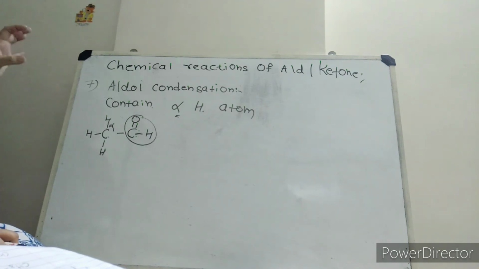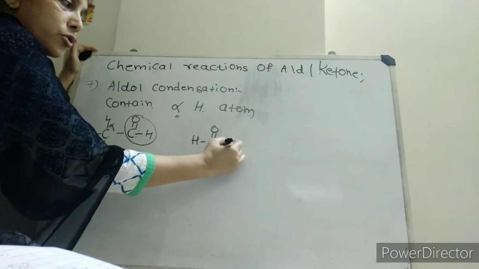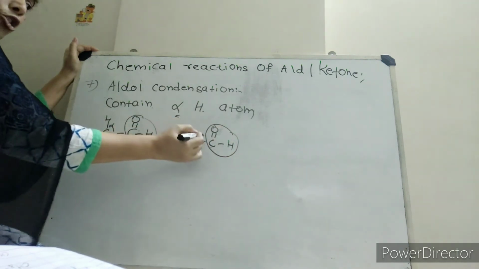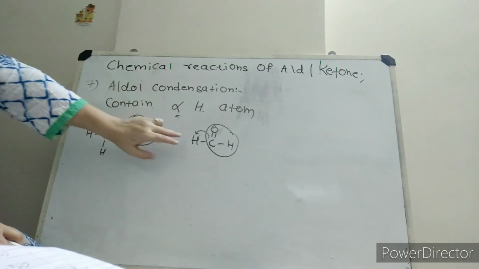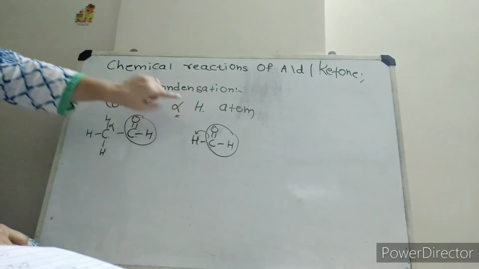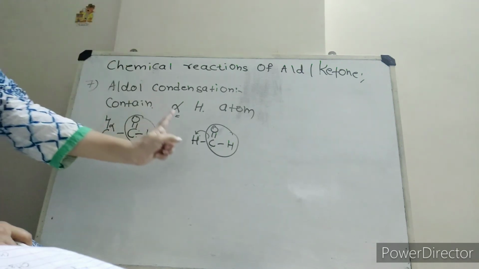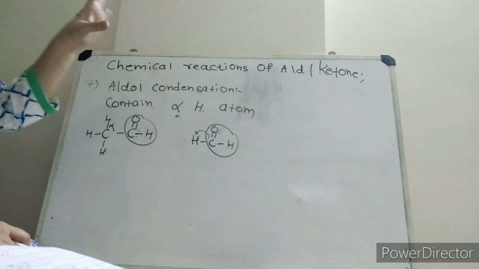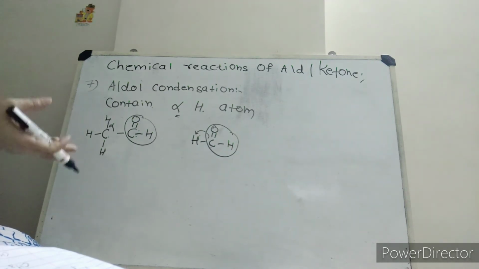Suppose I write the case of formaldehyde, HCHO. Before this functional group, there is no carbon atom, so no alpha hydrogen is there. So formaldehyde does not undergo aldol condensation because it does not contain an alpha hydrogen atom. This reaction is given by acetaldehyde or it can be given by acetone.